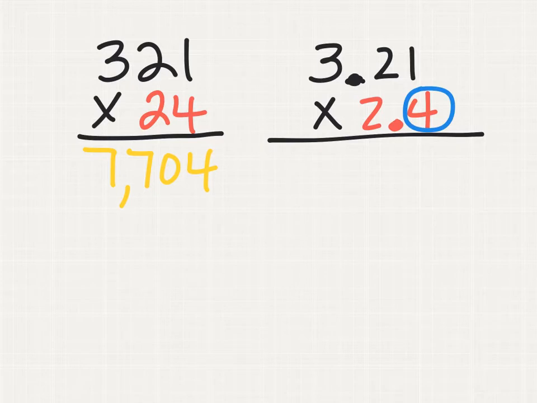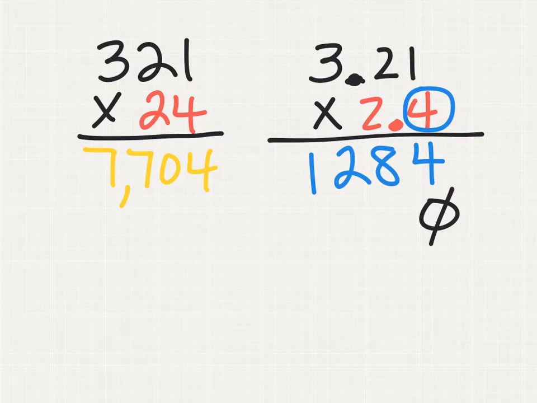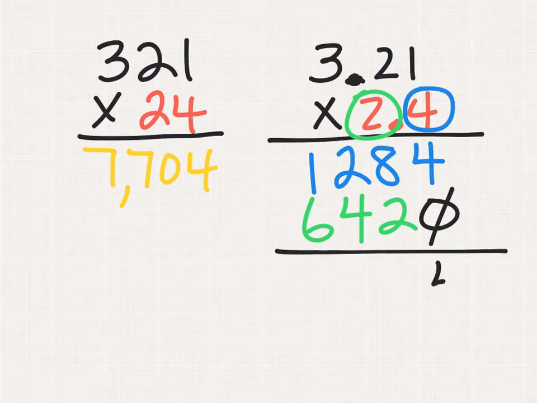We're still multiplying by the 4. 4 times 1 is 4, 4 times 2 is 8, 4 times 3 is 12. We're still putting a placeholder. And then we're moving on to multiply the 2 times the 1, 2 times 2, 2 times 3. And now we're going to add.